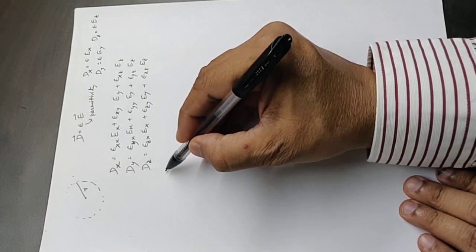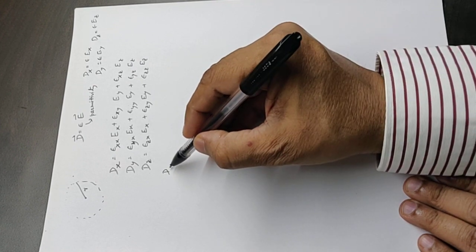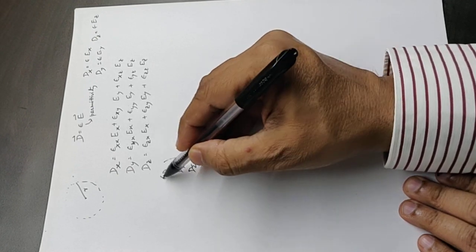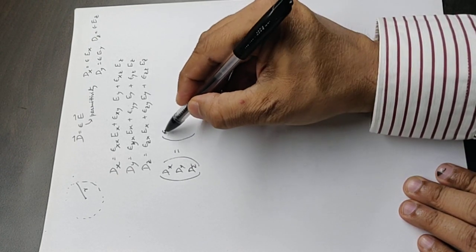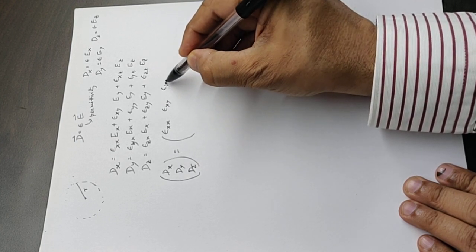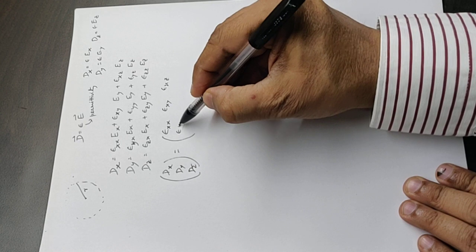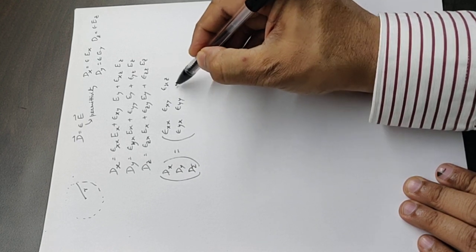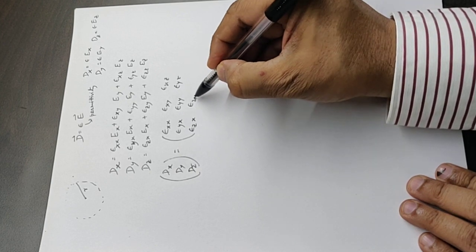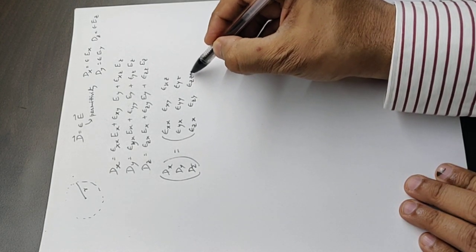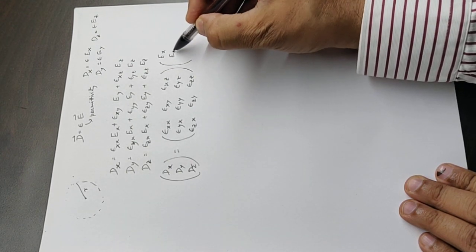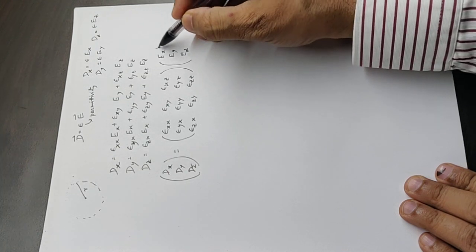Now these three equations can be written in the form of a matrix also. It would be Dx, Dy, Dz equal to the matrix with rows epsilon xx, epsilon xy, epsilon xz; epsilon yx, epsilon yy, epsilon yz; epsilon zx, epsilon zy, epsilon zz, multiplying Ex, Ey, Ez.